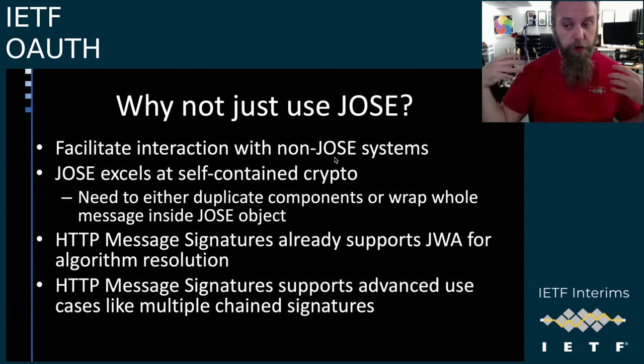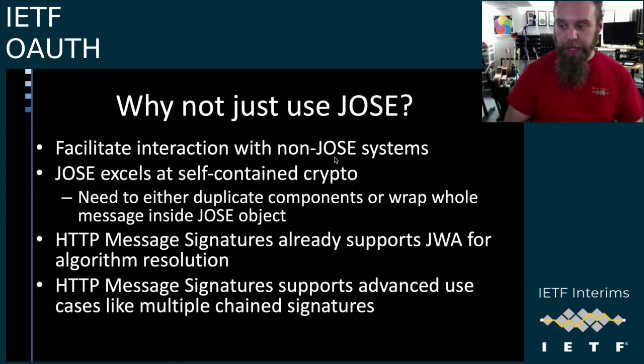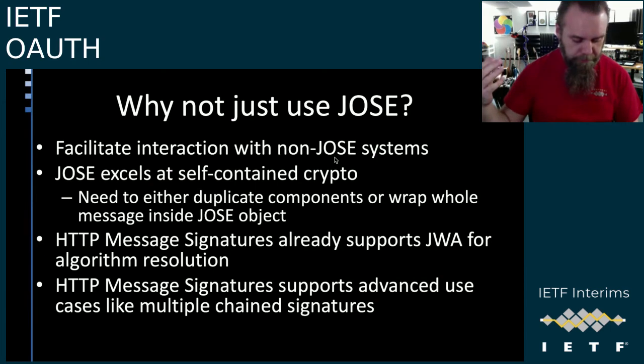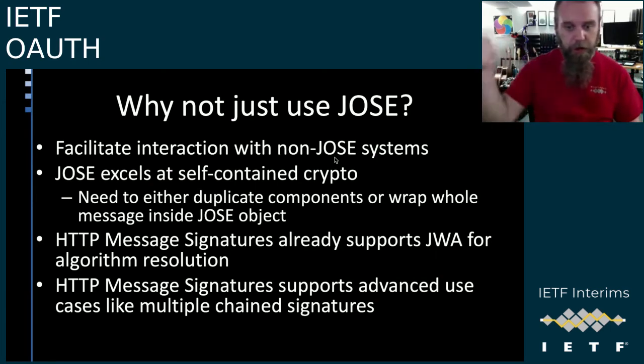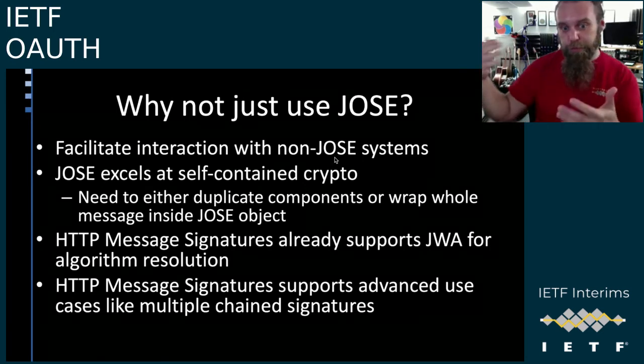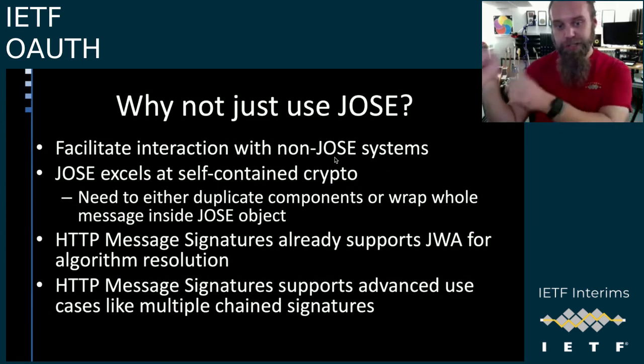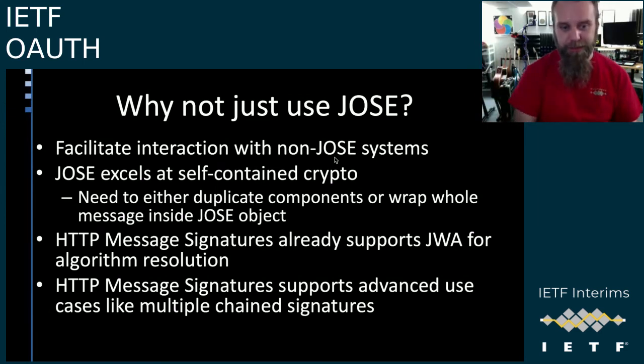So if you're already in a JOSE kind of world and your keys are in JWK format and they've got that alg field and you can already look up all that stuff, then we've actually got instructions that say how to take that and apply that to HTTP message signatures. It's not using JWS data structures with the headers and the dots and all that stuff, but you can do algorithm resolution using JWA, which is really, really powerful.